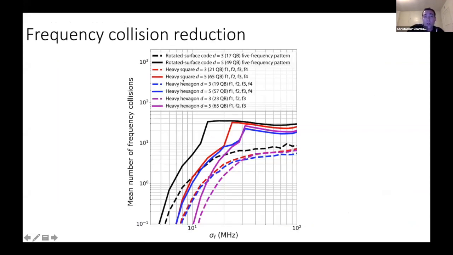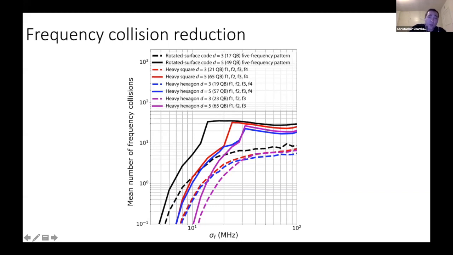So before moving on, I'd like to really convince you why it's important to look at these codes when you take hardware considerations into account. So if you look here at the average number of frequency collisions for the standard rotated surface code, which would be represented by these black curves for different values of frequency fluctuations.